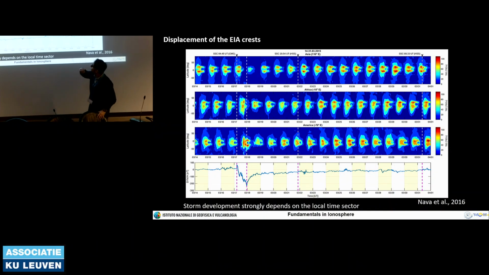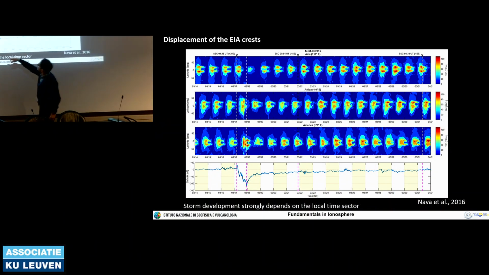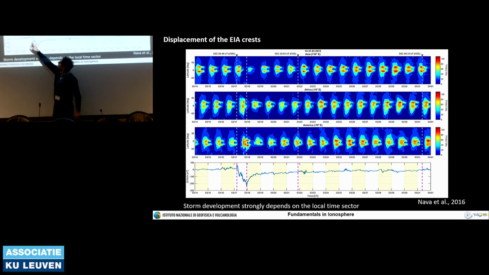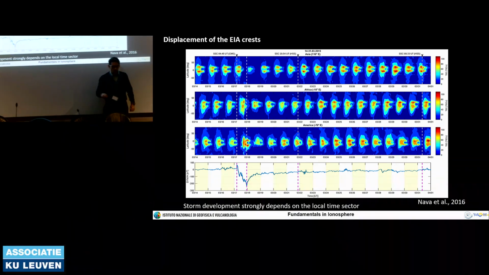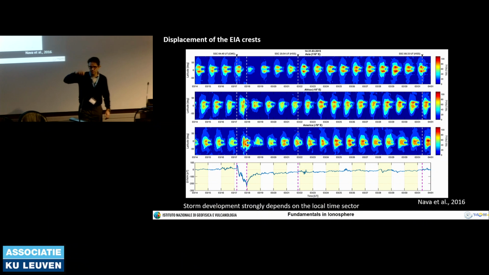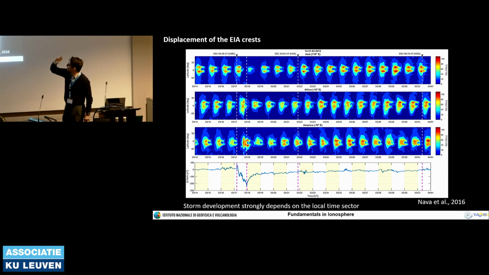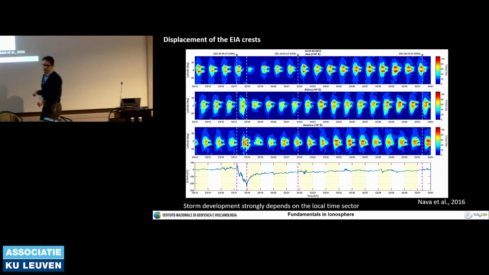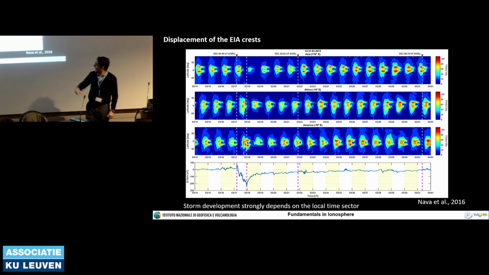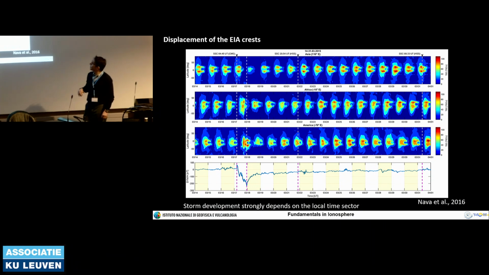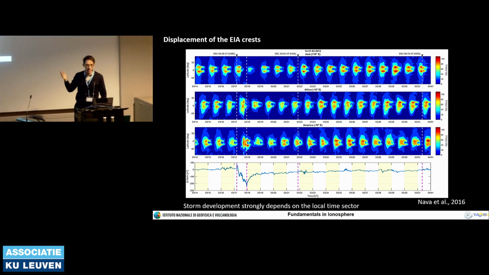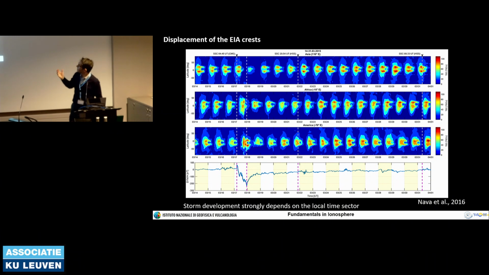When the storm commences, you have strong displacement and strong changes of the crests of the equatorial anomalies, asymmetries, which are dependent on the longitudinal sector you are investigating. In particular, see in the Asian sector, at the storm peak, the crest signature completely disappears.